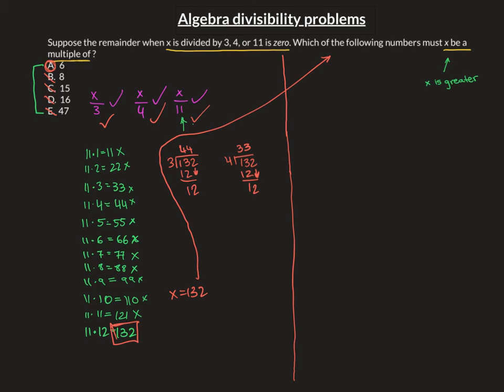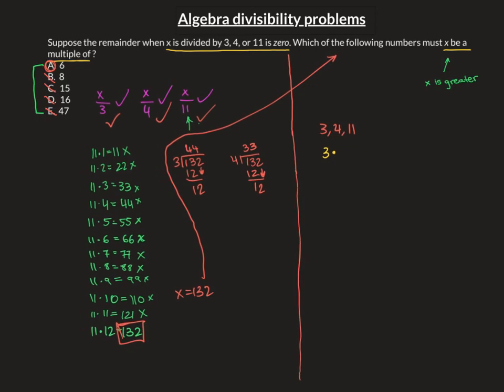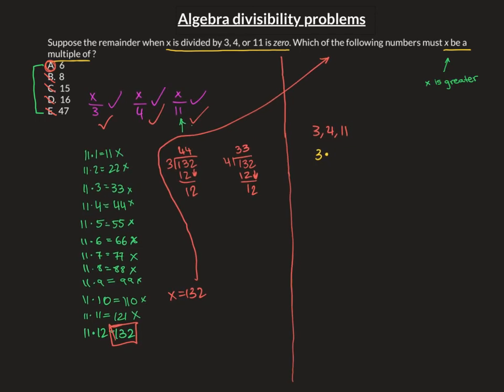So all we have to do is take 3, 4, and 11, and create one big product. So essentially 3 times 4 times 11 would be equal to 12 times 11, equal to 132.